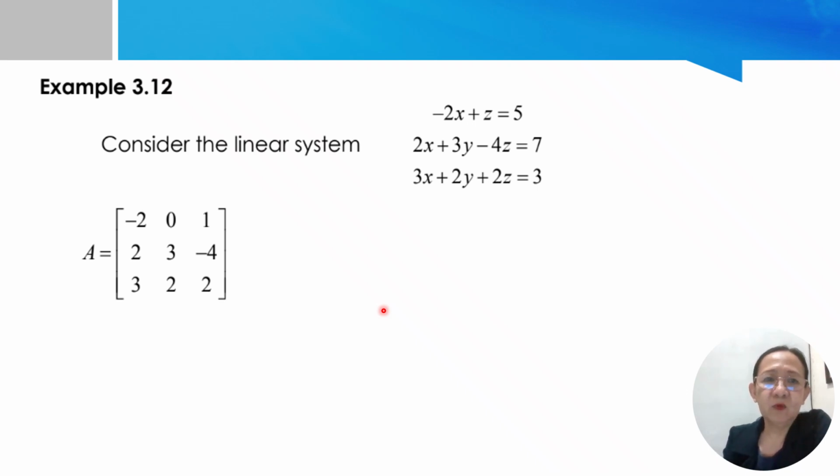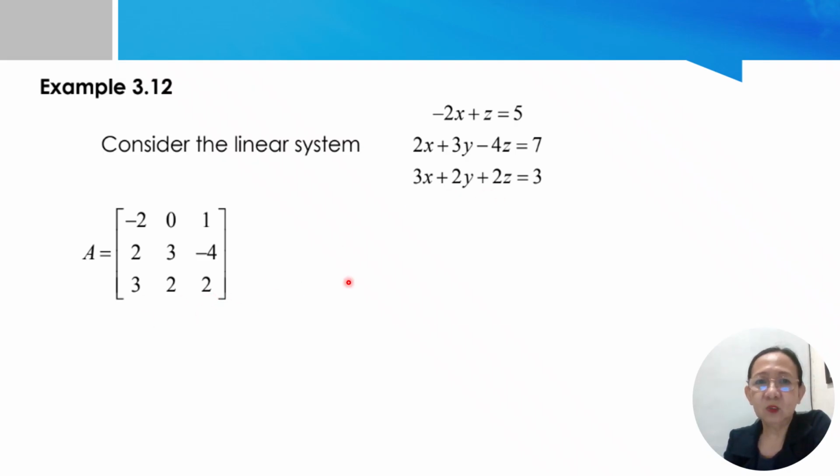As entries for our A, of course, we have negative 2 for x. Y is missing, that's why we indicate 0. And then z has 1 as the coefficient. And then for the second equation, we have 2, 3, negative 4. And the last equation, we have 3, 2, 2 for the coefficients.